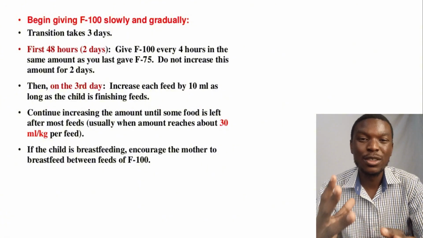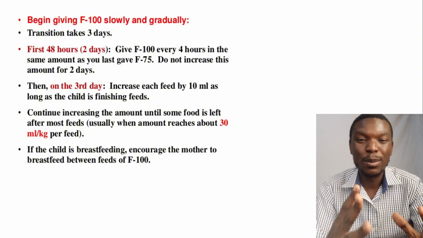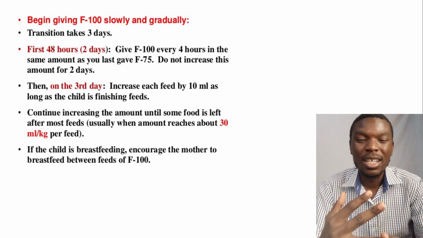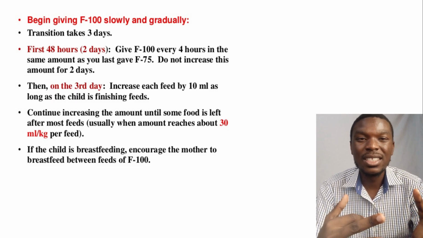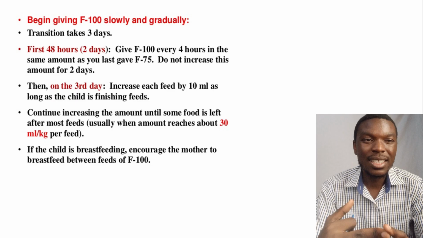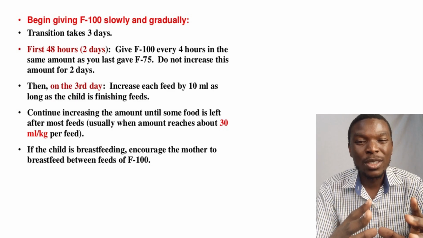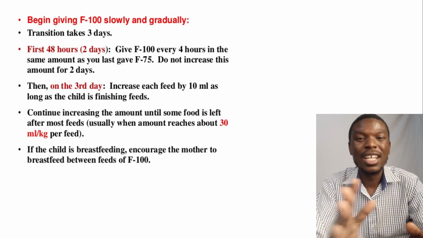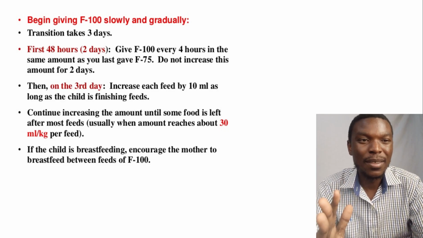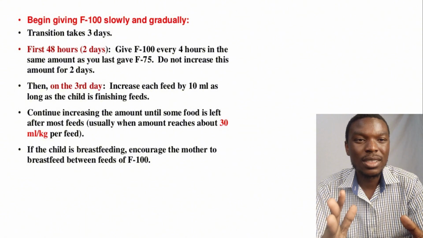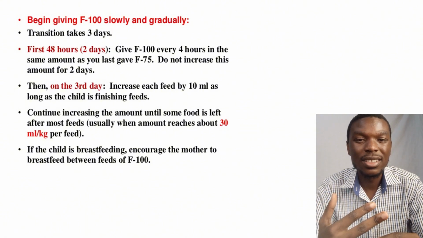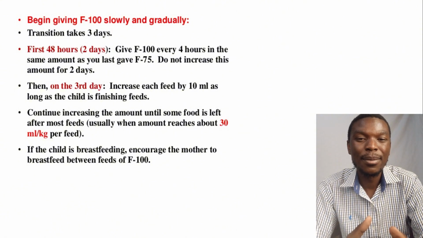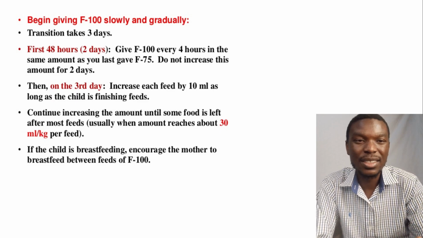Now you want to change to F100 because there's minimal edema, able to finish the feed, appetite has retained. So you're going to continue giving those 10 spoons now of F100. You give the spoons to the child, those 10 spoons for 2 days. So the amount remains the same, but the formula changes.